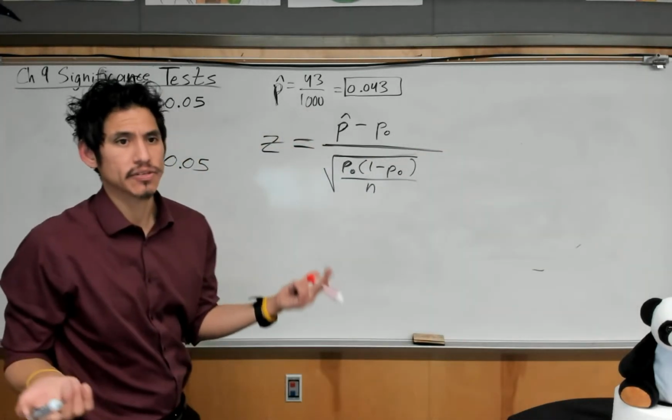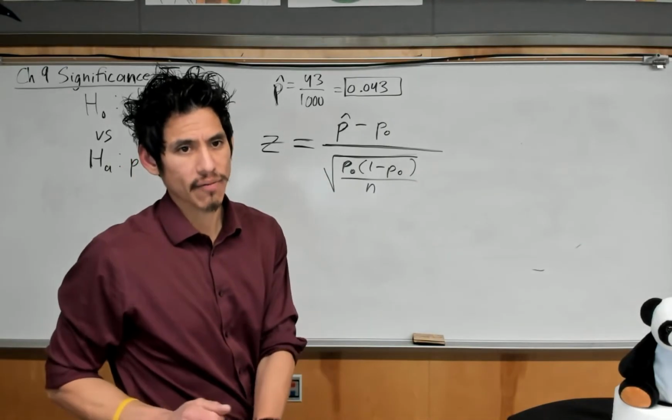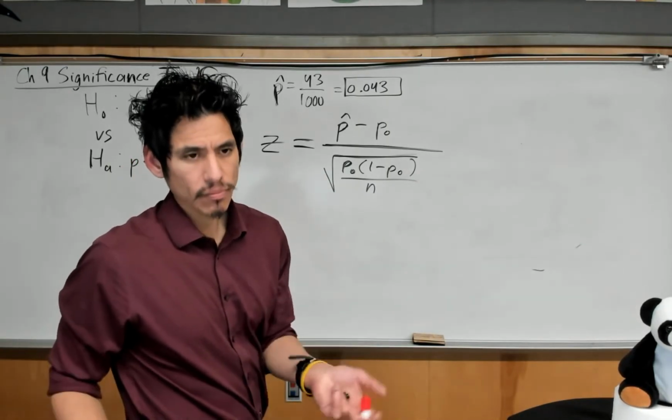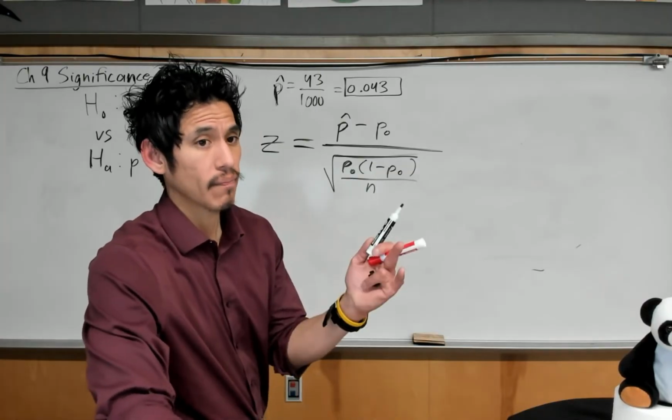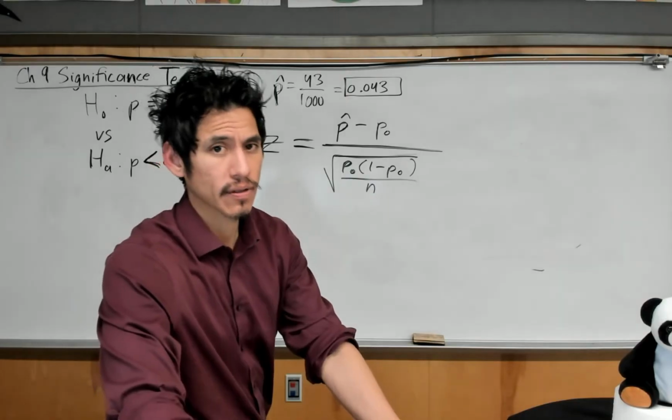You get this in your formula sheet, so don't freak out about having to memorize it. I've been doing this for thousands of years, so that's why I just know it. But just make sure the calculation is run right.